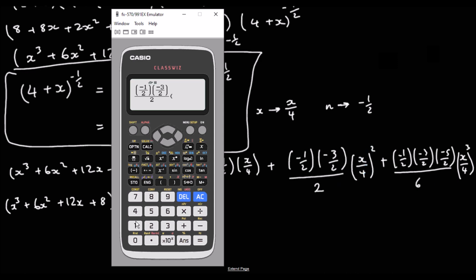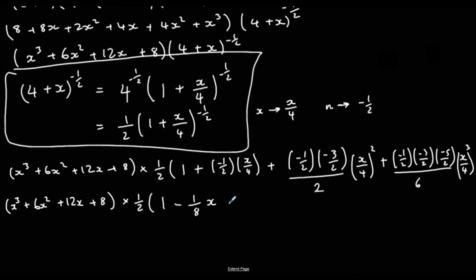So I'm going to leave out the x and just write 1 over 4. It's going to be our x squared term, squared. So 3 over 128. So plus 3 over 128 x squared.